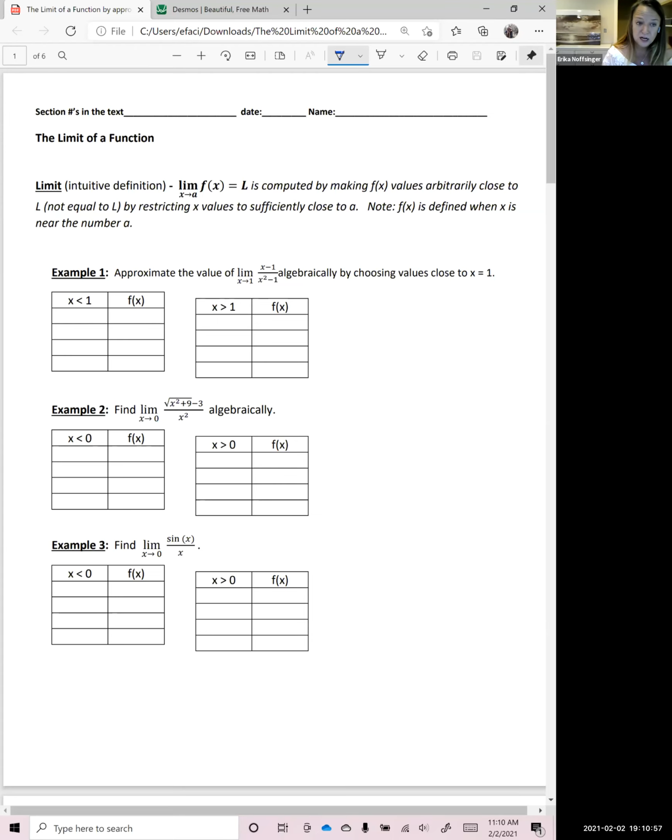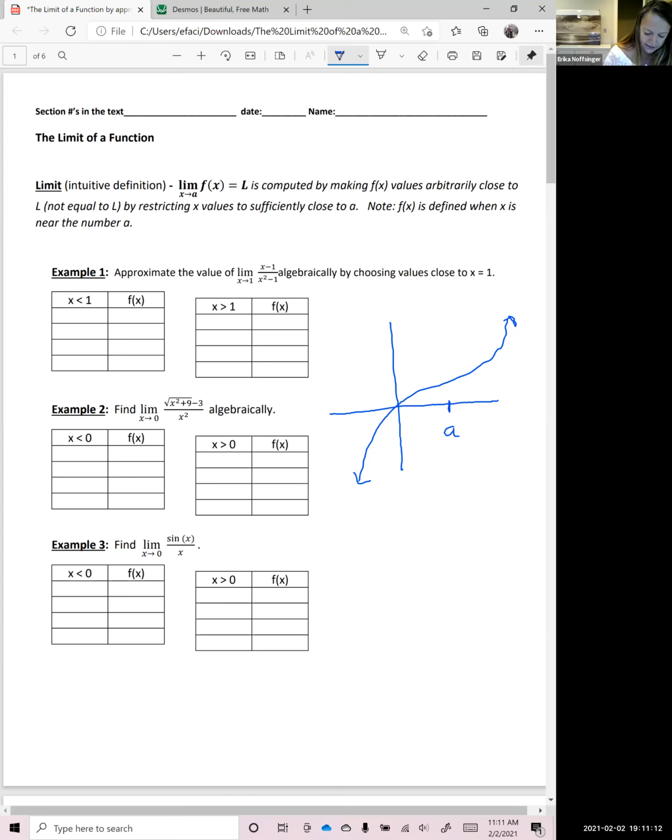So I kind of gave you a picture before, and let's look at that again. In this definition, they use a variable a. Last time we used c. So let's say that we have some value of a here. This is saying that we're going to be approaching some y value L. If we can choose something close to L, some value coming in here close to this y value L, there's a value arbitrarily close to a.